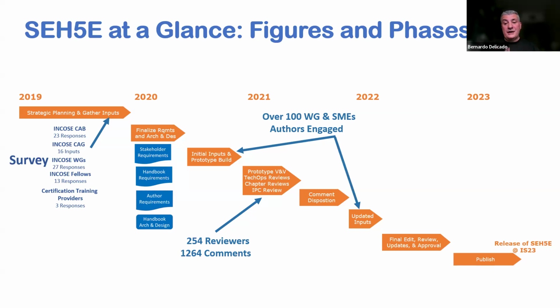After that, we produced a new, more mature version, and we had a second round of review. Once this version was mature enough, we started working in 2022 with the publisher, Wiley, on the final edit, review, updates, and approval of the contents.